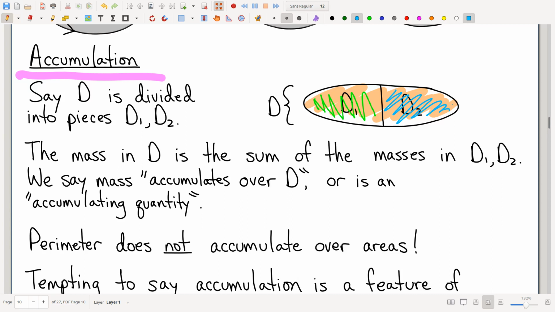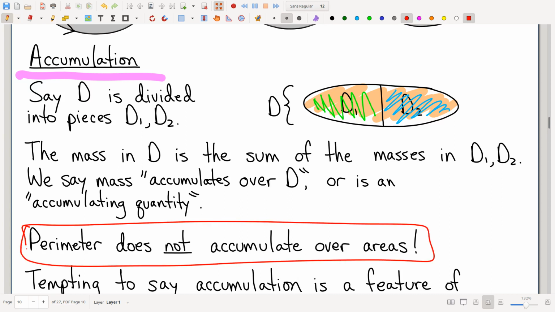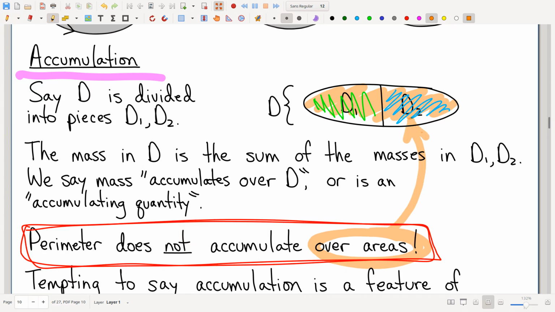These are accumulating quantities. Now, I want to emphasize, though, perimeter does not accumulate over areas. And now, just to be clear, when I say accumulating over something, what I mean is looking at a situation kind of like this. It's the area that I'm chopping up into little pieces. I'm not chopping up the boundary into little pieces.